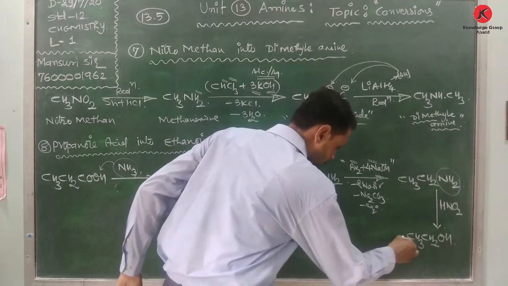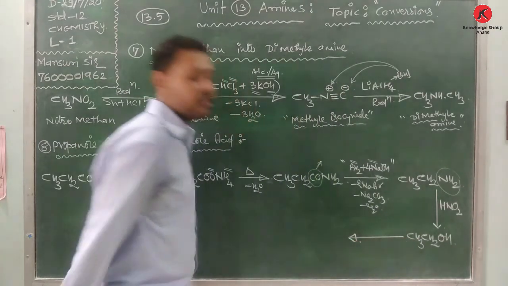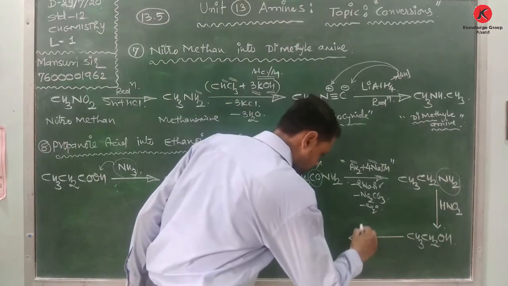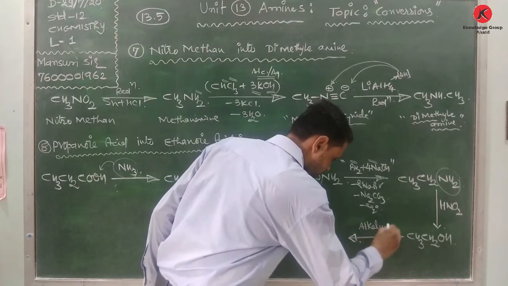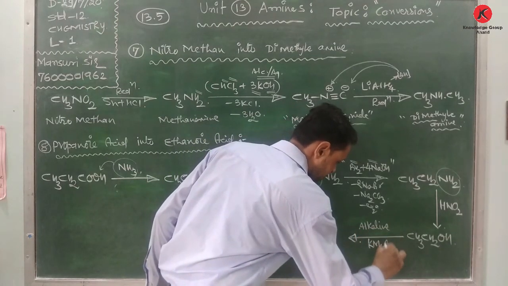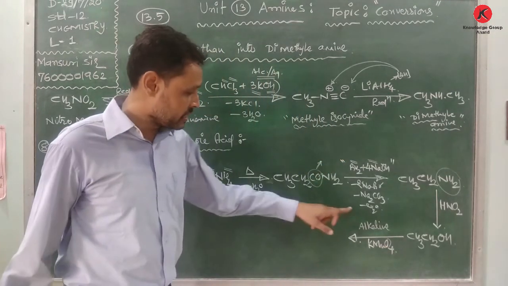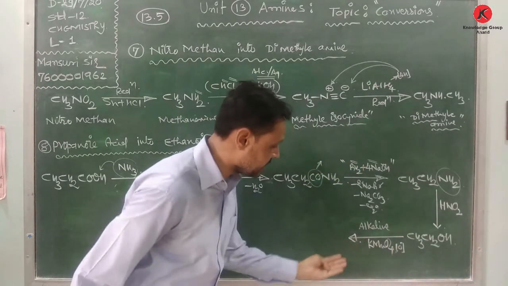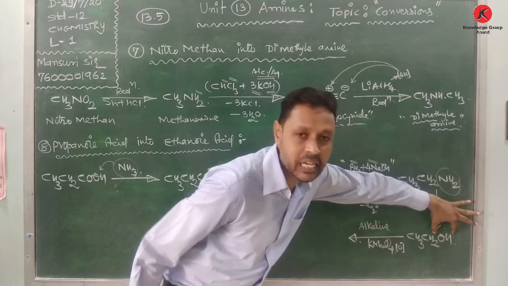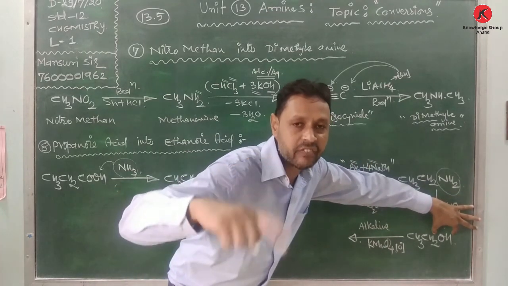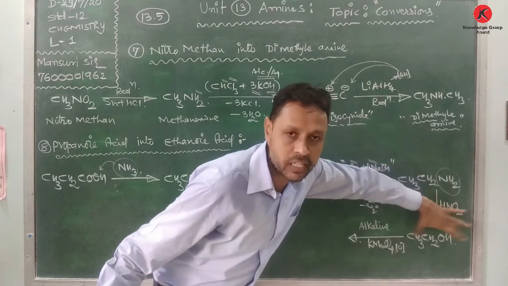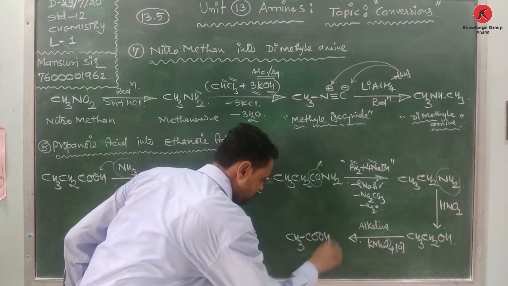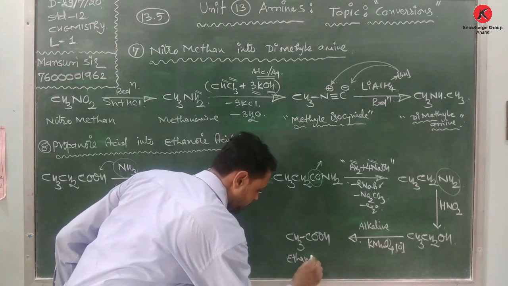After getting ethanol, when alkaline KMnO4 is used, this is a highly oxidizing agent. So now OH is converted first into aldehyde and thereafter carboxylic acid. So acetic acid is formed, ethanoic acid in other words.